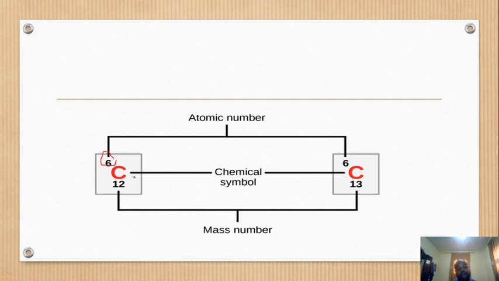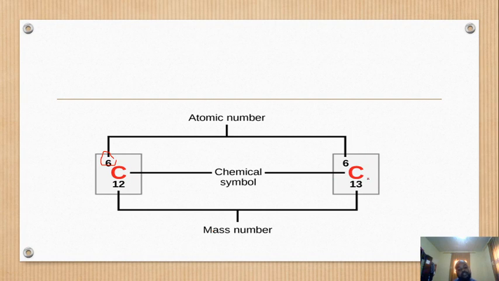So this is a carbon atom. At the top we have usually put it in the lower part, but it's okay. This superscript here is the number of protons. In other words, it's the atomic number, because atomic number and number of protons are always the same. And here we have the mass number.